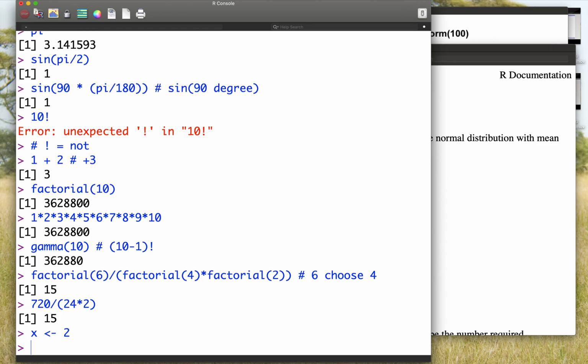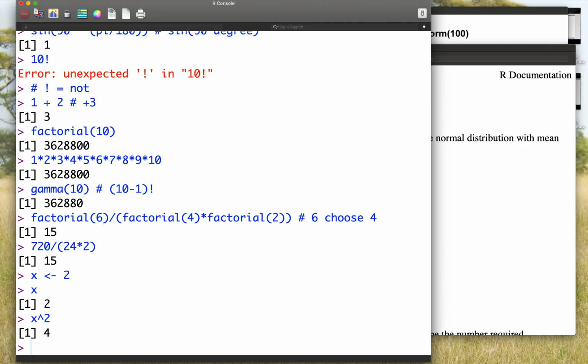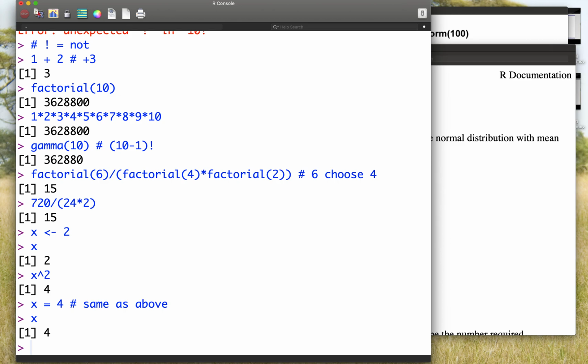So once you type x, R recognizes this is x. If you type x squared, then it returns 4. x equals also works, so this is the same function. Maybe we change the number. x is equal to 4. Then x becomes 4. So you can use the two symbols, and these have the same meaning.